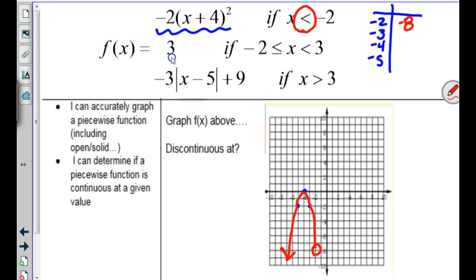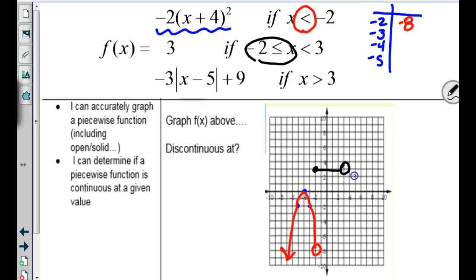All right, this is a horizontal line at 3 up here from what to what? From -2, where there's a what kind of circle? Closed circle. To +3, where there's open.